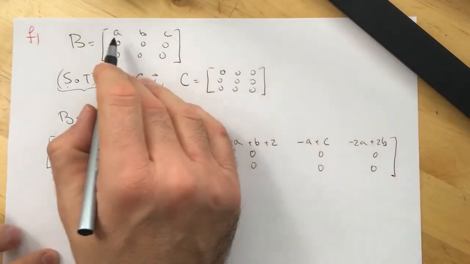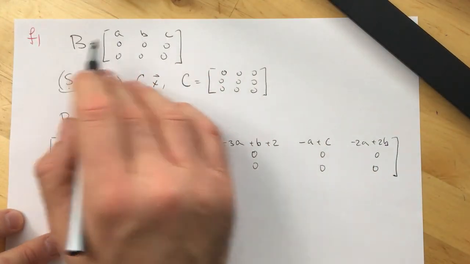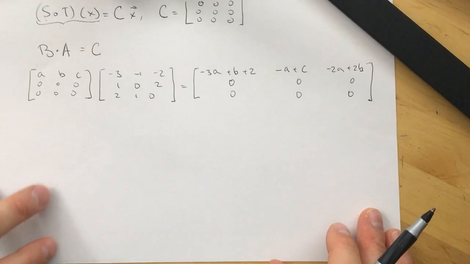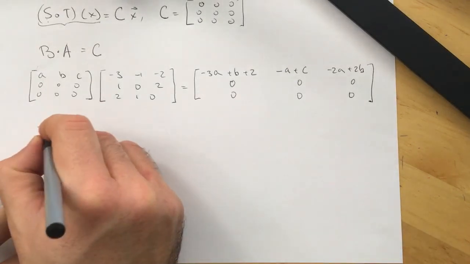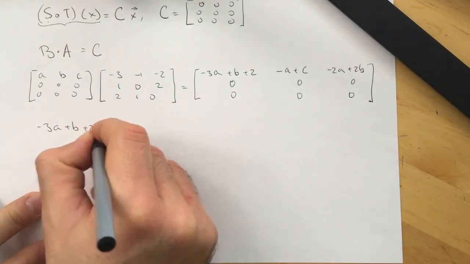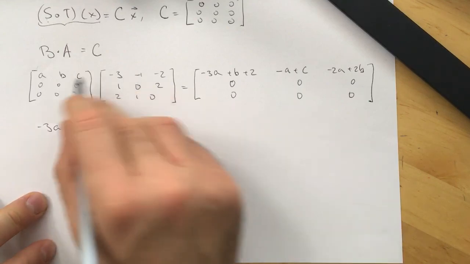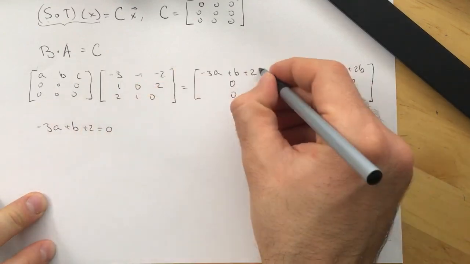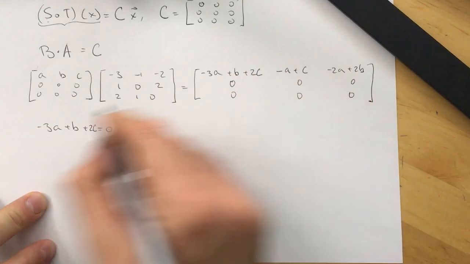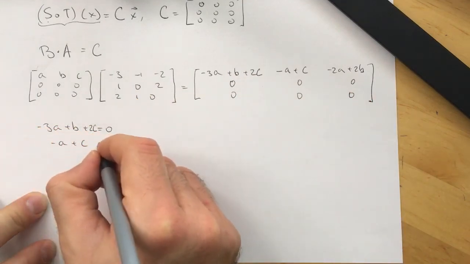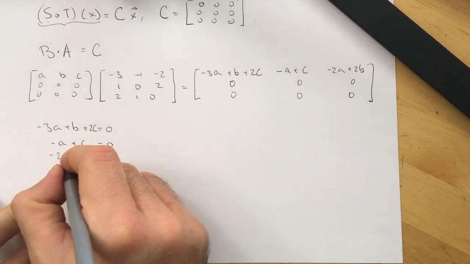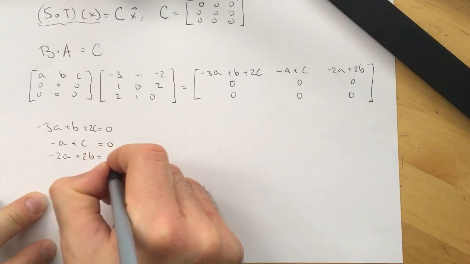What is the first row of B, such that -3a plus b plus 2c is 0, -a plus c is 0, and -2a plus 2b is 0?